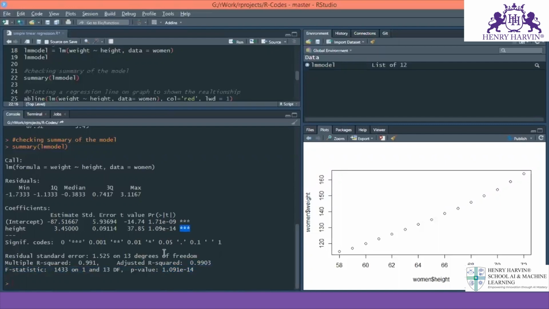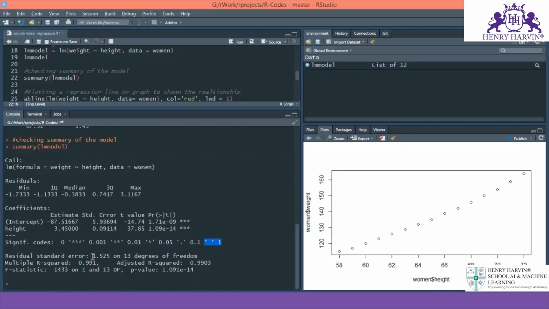Next is the significance code. As you can see here, they have given the list of significance codes. If there are 3 stars, it shows it is the most significant factor in that model. 2 stars shows it is less significant than the other factors. Similarly, we can understand the other points. And if it is not at all significant, there will be no star on that factor.